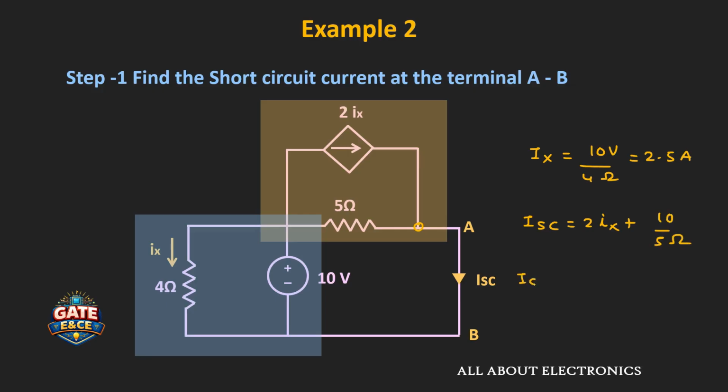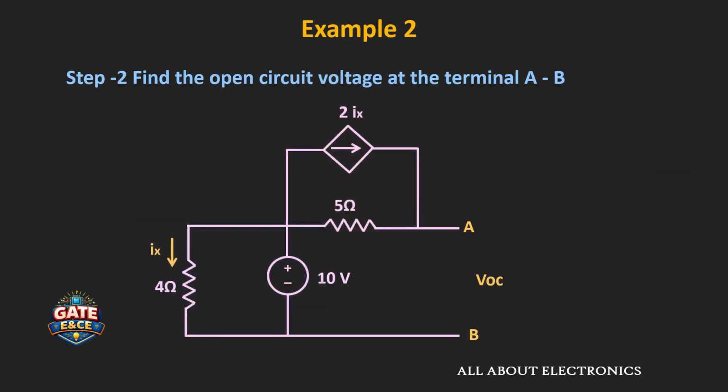That means the short circuit current ISC is equal to 2 times 2.5 ampere plus 2 ampere, because here the value of current Ix is equal to 2.5 ampere. That means the short circuit current ISC is equal to 7 ampere. So in this way we got the value of this short circuit current or the Norton's equivalent current.